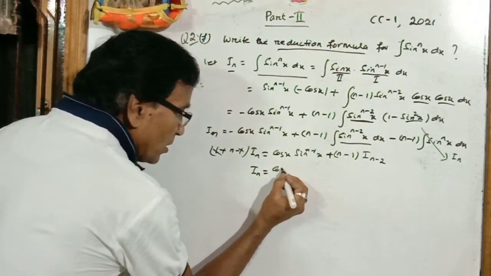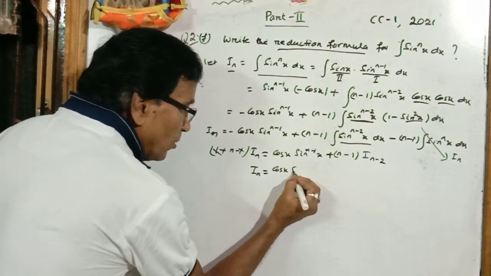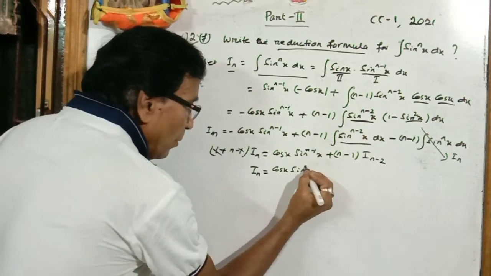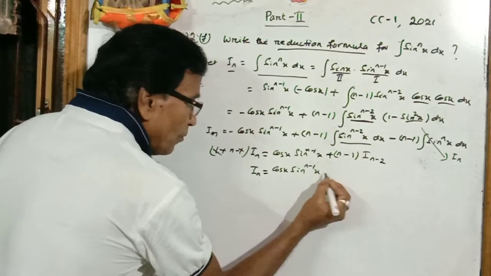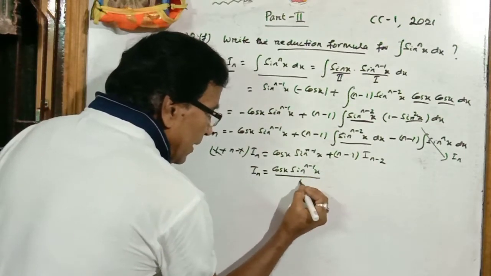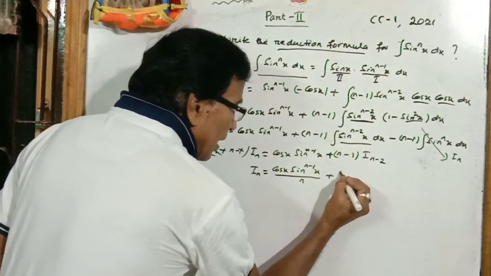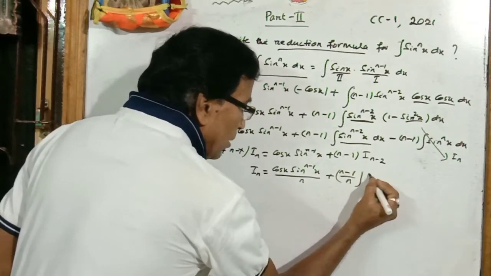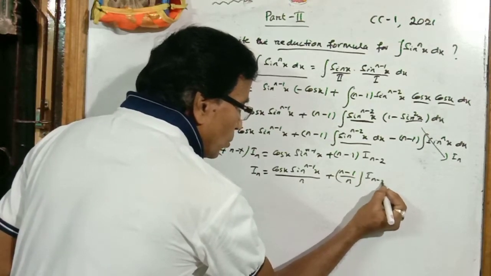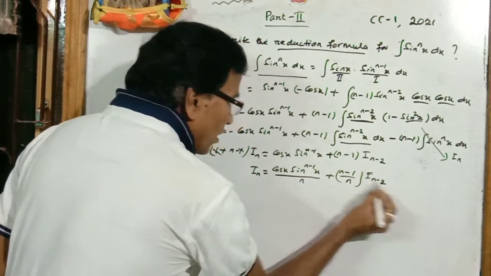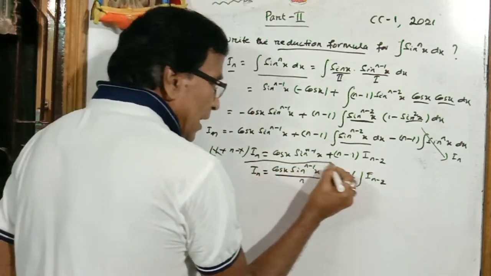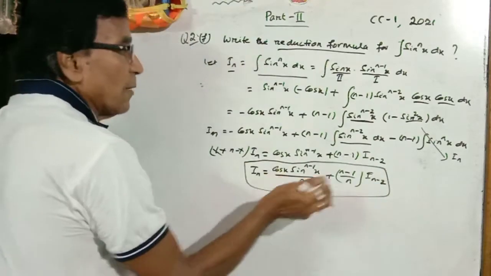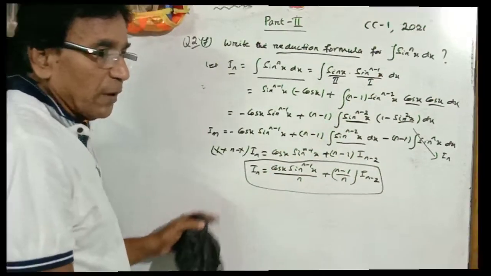I_n is equal to minus cos x into sin^(n-1) x divided by n plus (n-1) divided by n whole into I subscript n-2. So it is the reduction formula for I_n, or the integration of sin^n x with respect to x.